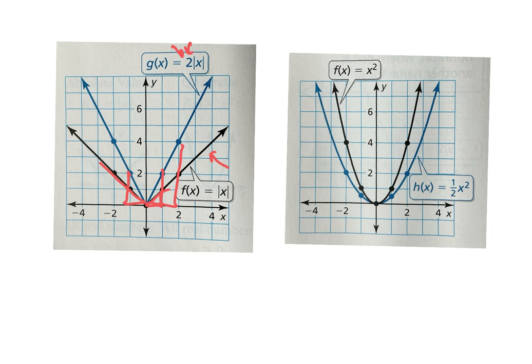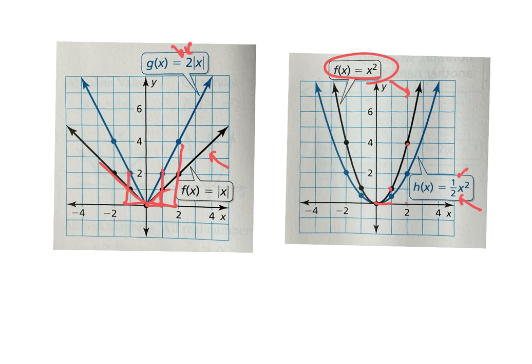Okay, so a number in the front, outside, is a vertical stretch if it's bigger than 1. Now here's the case, what if it's less than 1? What if it's 1/2? Well, look at this one. The black graph is our standard parent graph of a parabola, quadratic. And again, on the black graph, they went over 1, up 1, over 2, up 4, because they're squaring it.